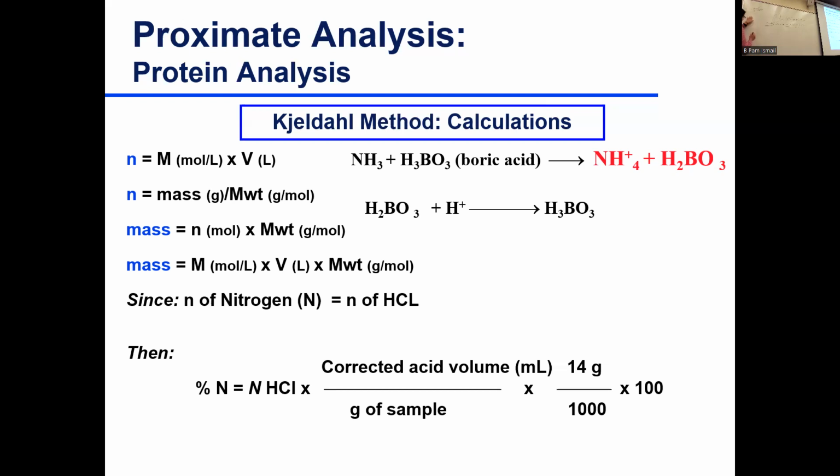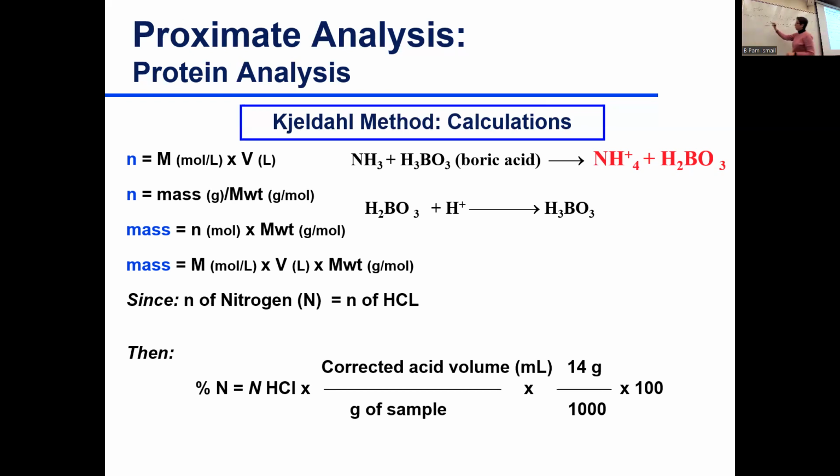Okay, so I'm after the mass of nitrogen. If I'm looking for this, then I need to go N times molecular weight of nitrogen. Molecular weight of nitrogen is 14.